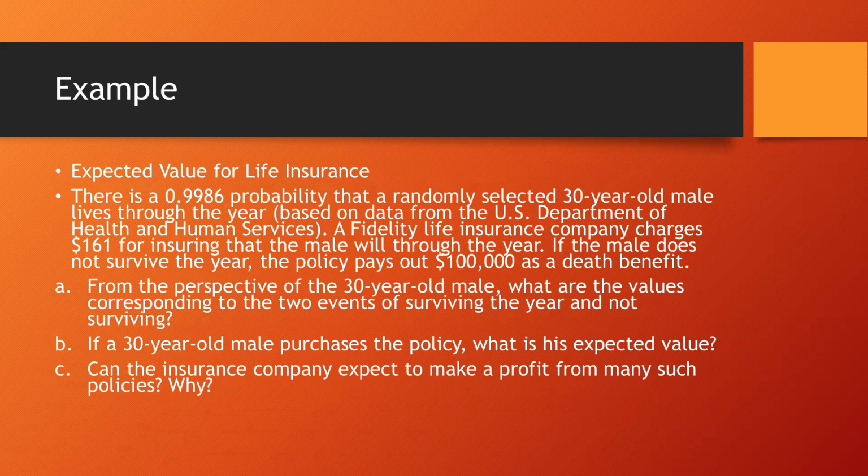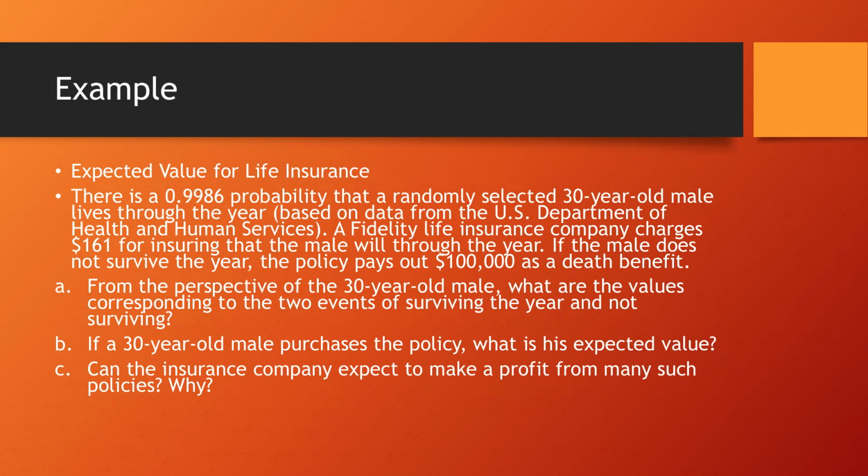From the perspective of the 30-year-old male, what are the values corresponding to the 2 events of surviving the year and not surviving? Well, if you survive the year, you're out $161. If you don't survive the year, you're still out the $161 because you bought the insurance, but you also now get $100,000. So you get the difference between those two.